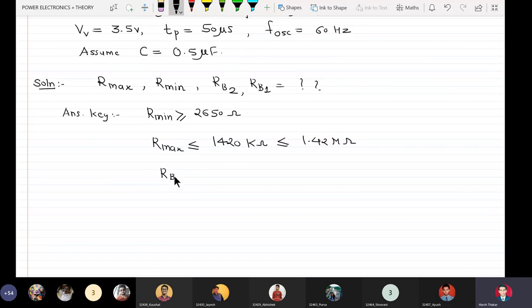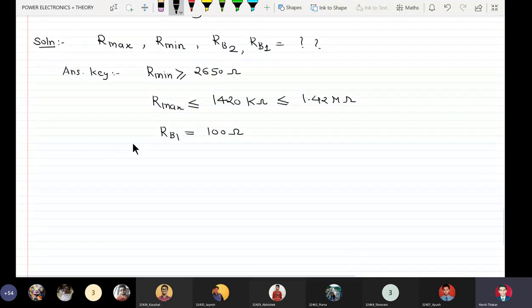The value of RB1 comes out to be 100 ohm. The value of RB2 should be equal to 653.6 ohms. Okay, and the value of R will be equal to 44.56 kilo ohms.